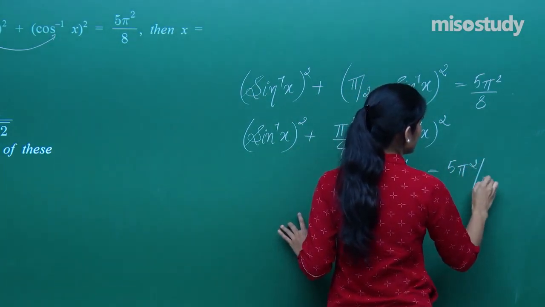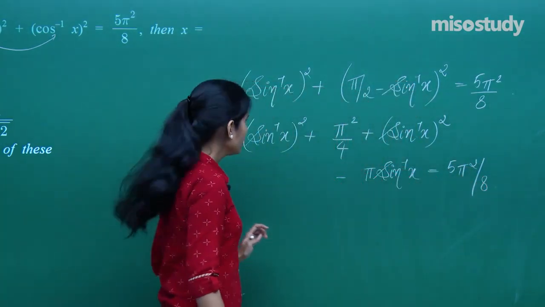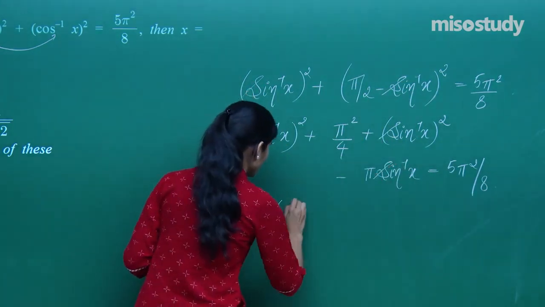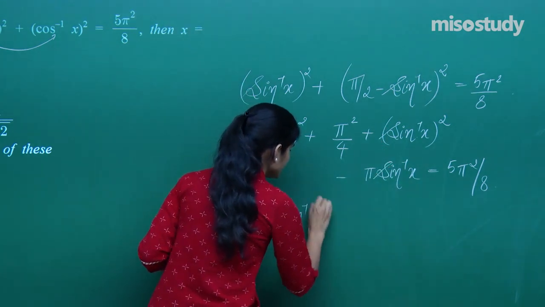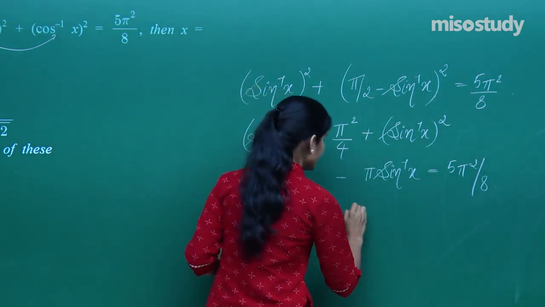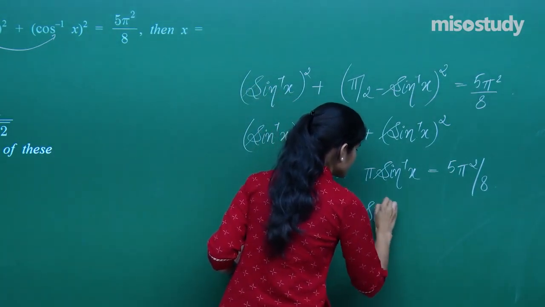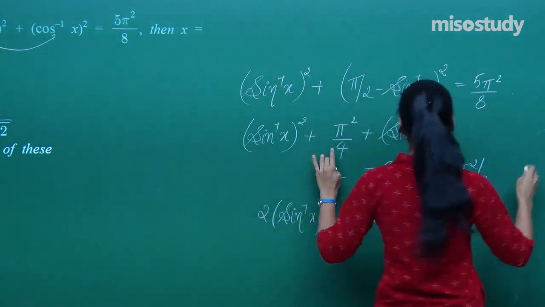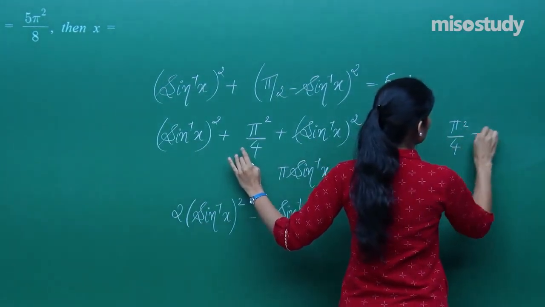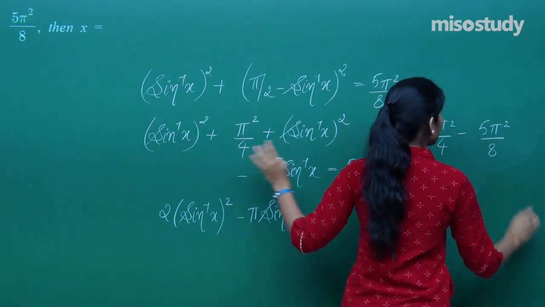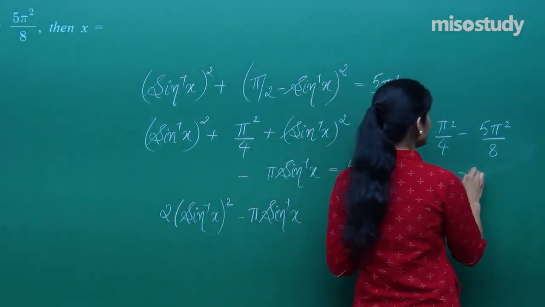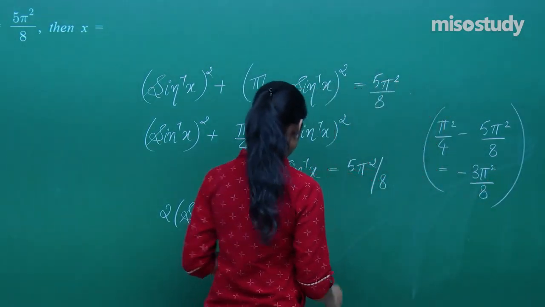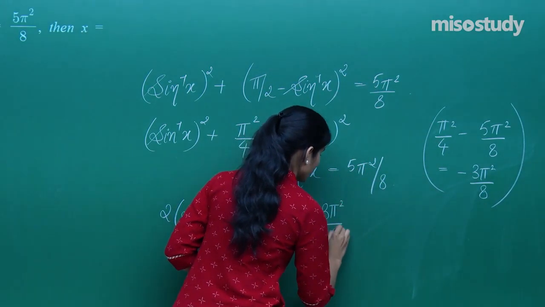This is 5 pi square by 8. So, you basically get twice of sine inverse x whole square minus pi sine inverse x, and then you have pi square by 4 minus 5 pi square by 8. So, this gives you minus 3 pi square by 8. So, you get minus 3 pi square by 8 is 0.